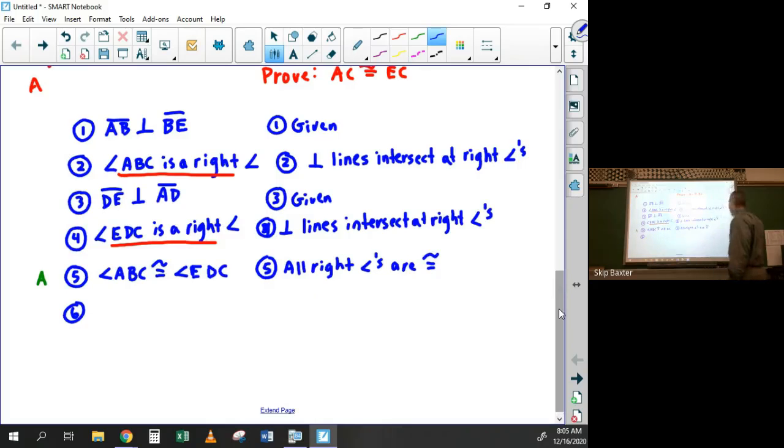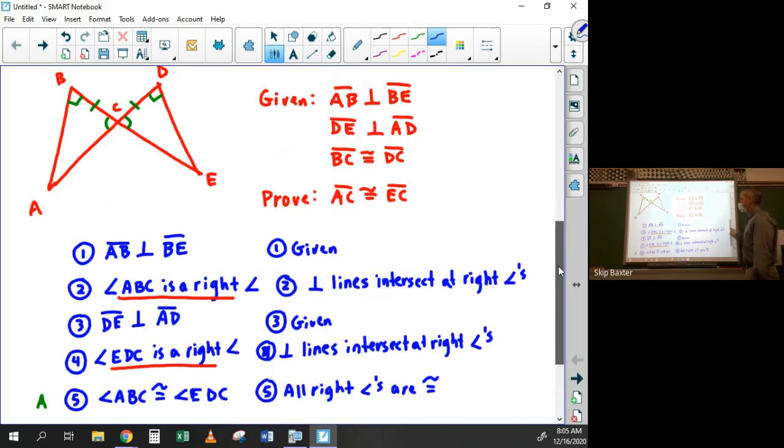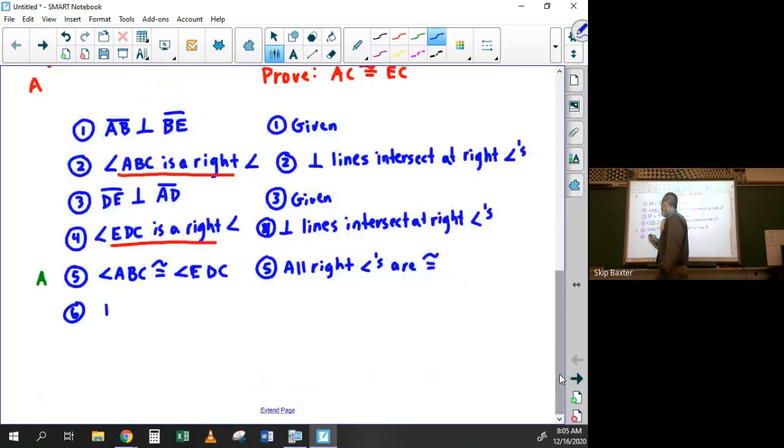Step 6 is just the given line segments congruent. BC is congruent to DC. Given. So that's the pair of sides we were looking for. And then step 7 would be those vertical angles.